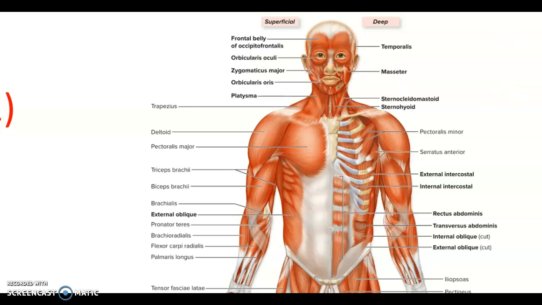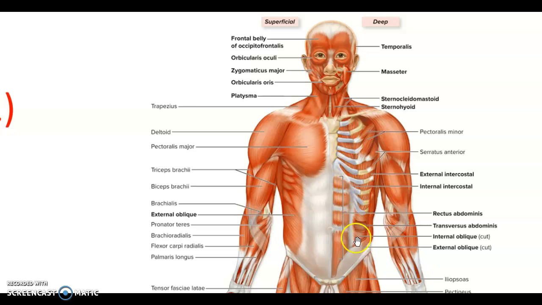So I'm just going to go over the bolded muscles here. So here you have your external oblique. So it's also lateral. Here you have your external intercostal, right here, external or lateral. Internal intercostal, it's right in here. Right? These are the ribs.